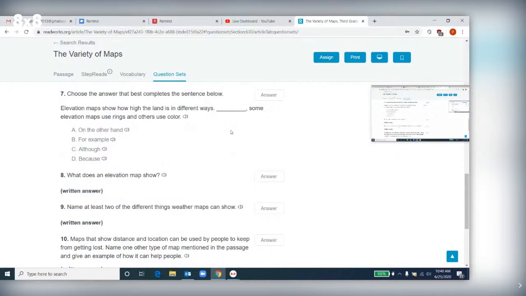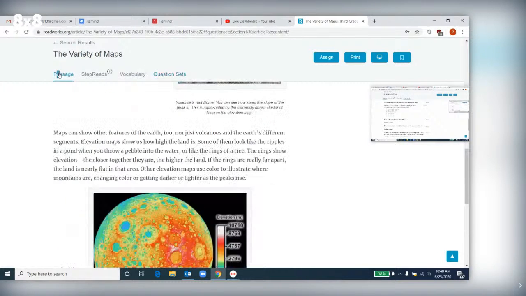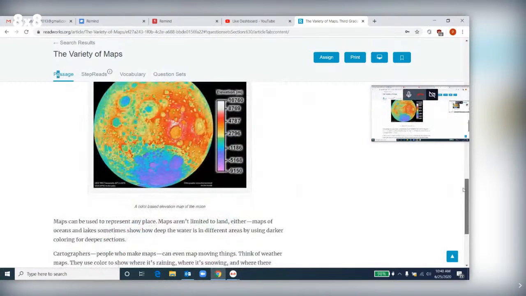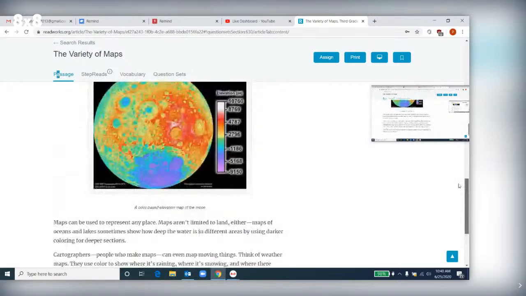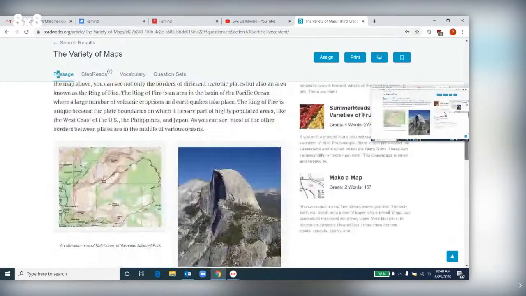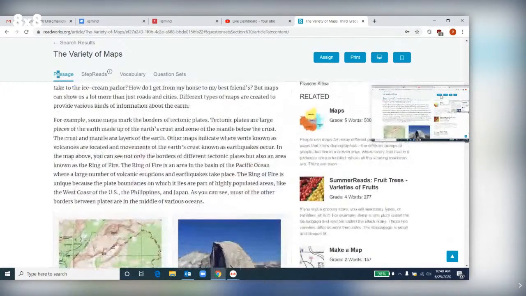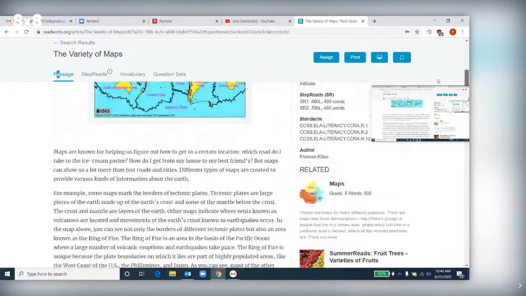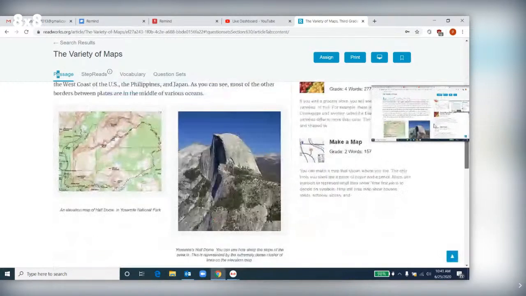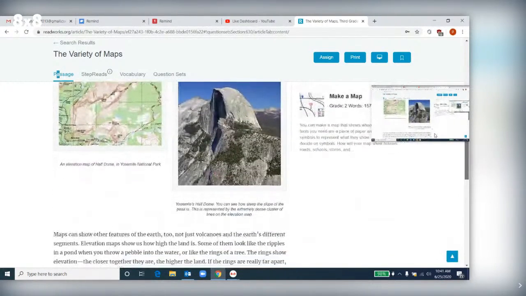And two different things the weather map can show. If we go back to this article, where's the weather maps? Is that down at the bottom? Or maybe it's up here. I know it talked about weather maps too.